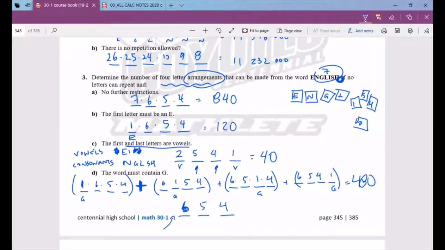We could place it at the start, or in between the first and second, or in between the second and third, or we could put it at the end. So it's like we have 6 times 5 times 4 times 4 different places where we could put that G. And that's kind of what was done in this way. Regardless, we get 480 different ways.